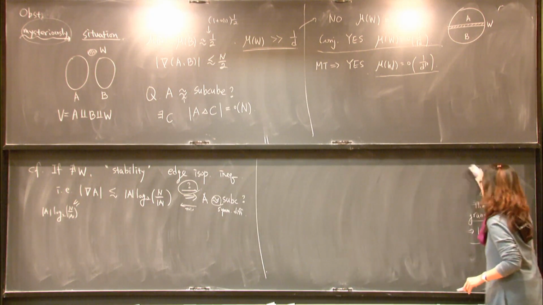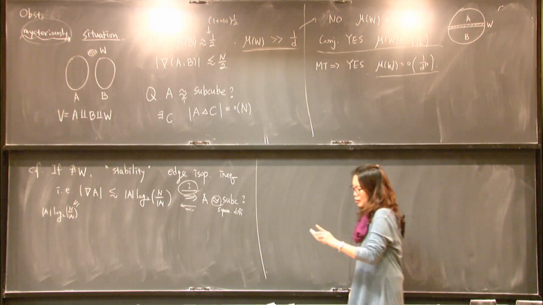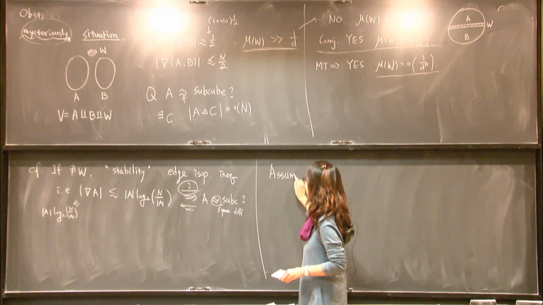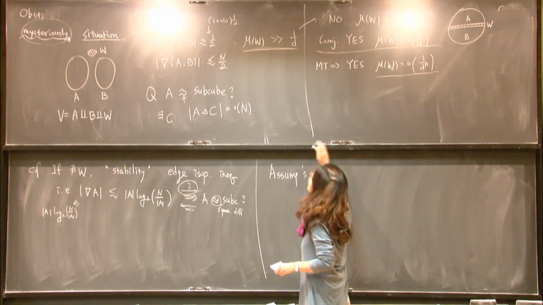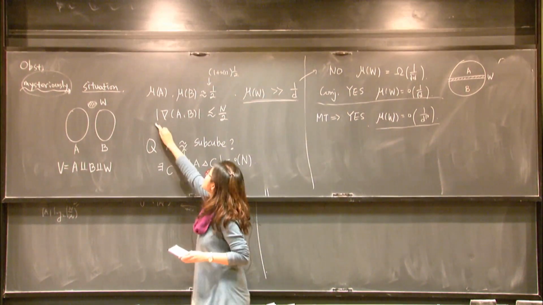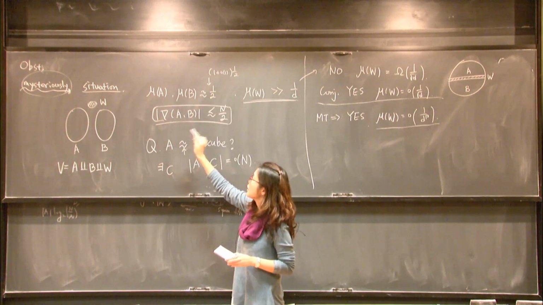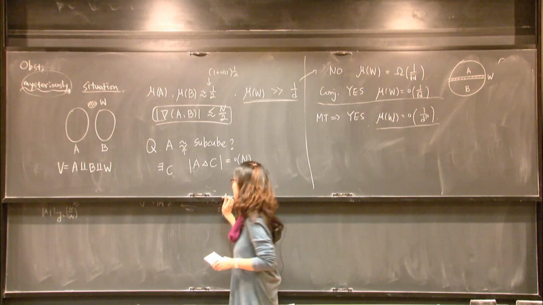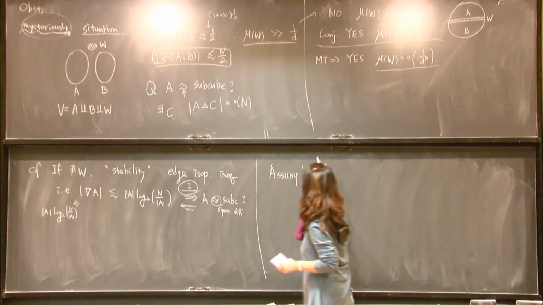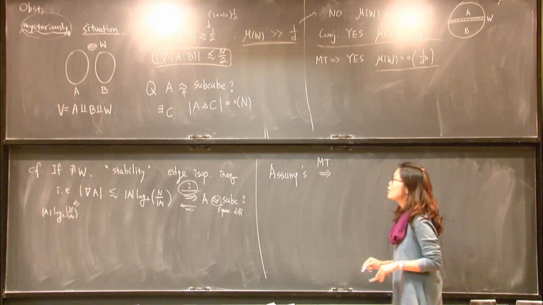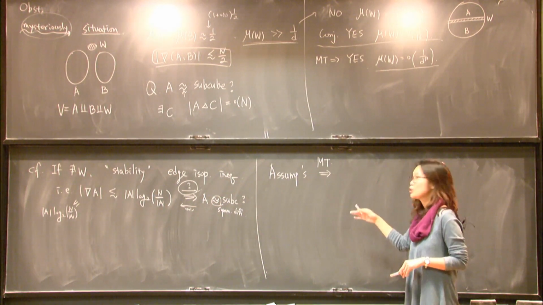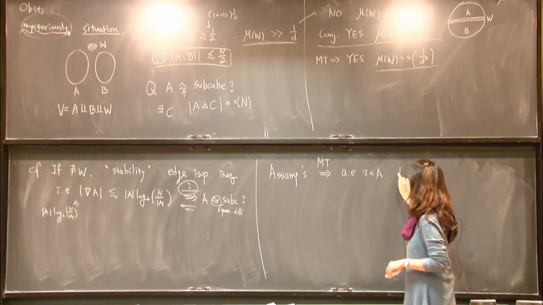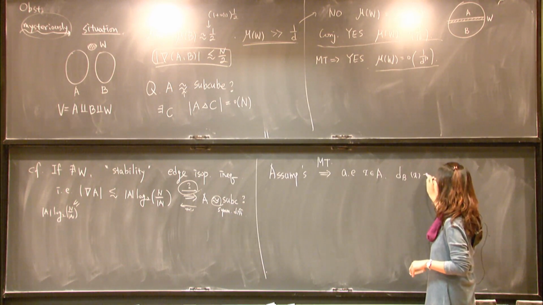So this is a very rough sketch. So we have assumptions, and what this says is that the average degree from A to B is 1, right? And when we apply our main theorem, we can actually show that it's not just about the average. We can show that for almost every x in A, the degree in B of x is 1.